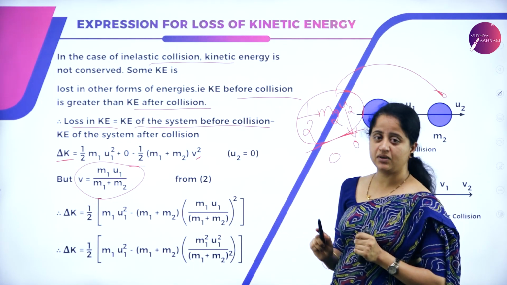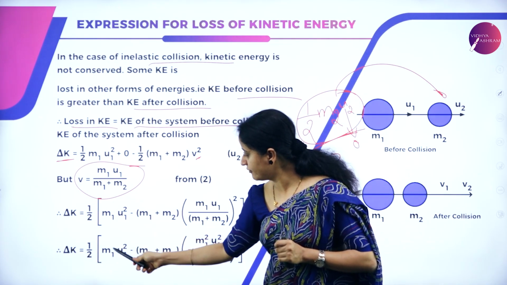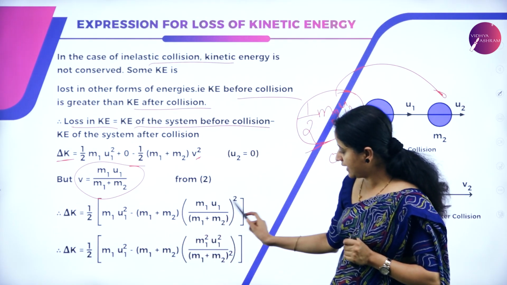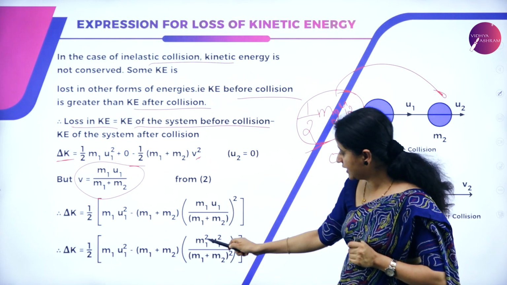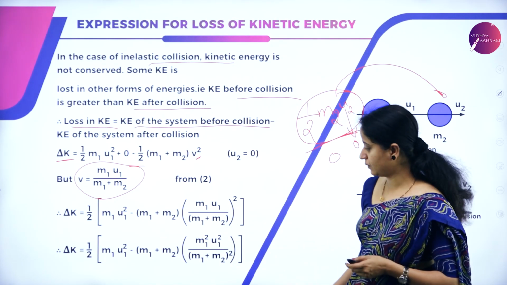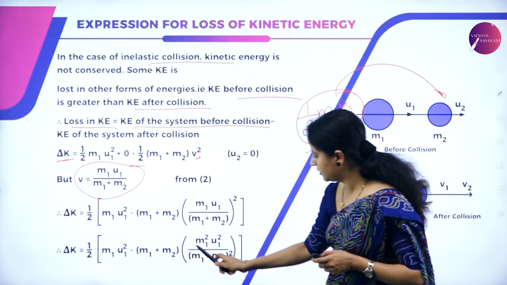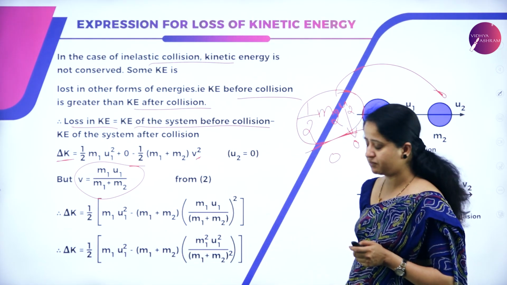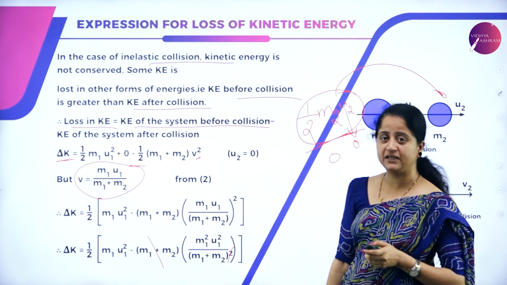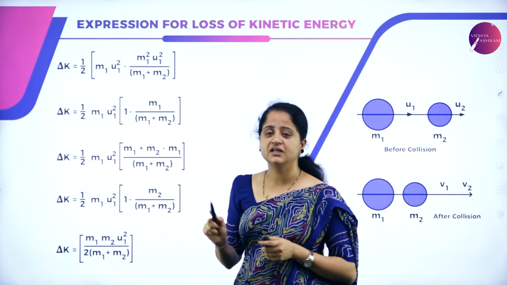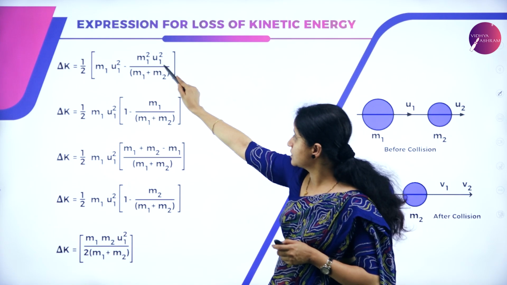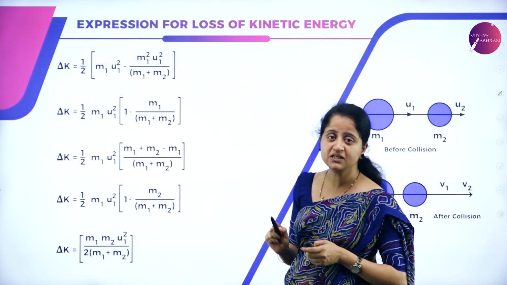Or we can write this as delta K equals half m1 u1 square minus m1 plus m2, writing the powers separately, m1 square u1 square divided by m1 plus m2 the whole square. Here we have m1 plus m2 in the numerator and m1 plus m2 the whole square in the denominator, so one m1 plus m2 gets cancelled, and we remain with delta K is equal to half into m1 u1 square minus m1 square u1 square divided by m1 plus m2.